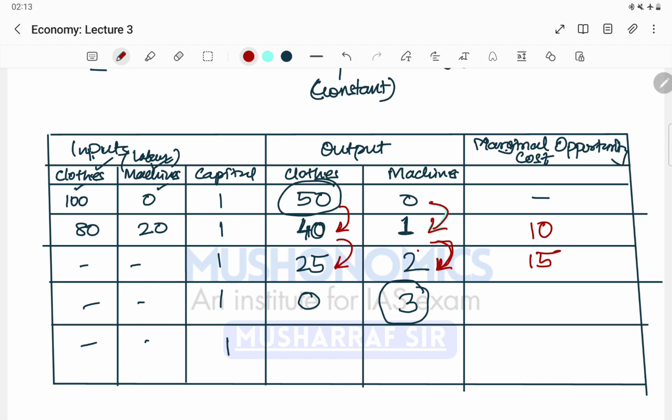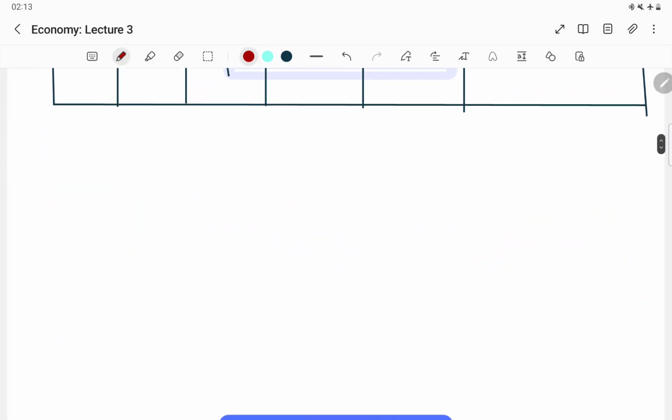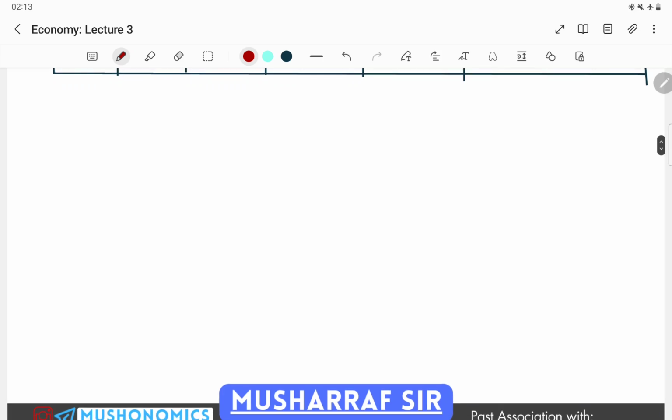That's why this 15 is marginal opportunity cost. To put 1 more extra unit of machine, we are sacrificing 25 units of clothes. So this 25 is our marginal opportunity cost, right? I hope we have understood. We can go back and check the video again.